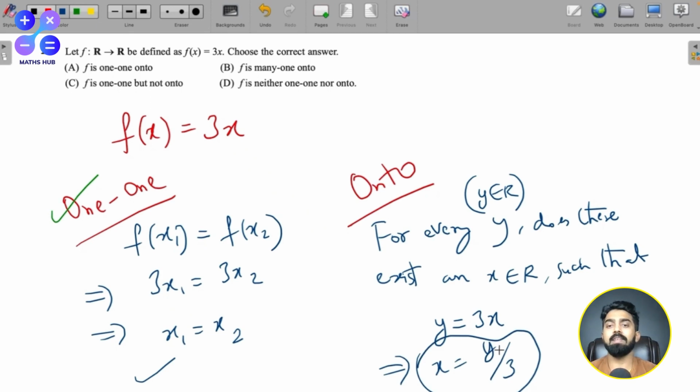So for every y, you will be able to find a corresponding x, because every real value of y will satisfy this condition and you will correspondingly get the value of x. So this is onto as well. So this is both 1 to 1 as well as onto.